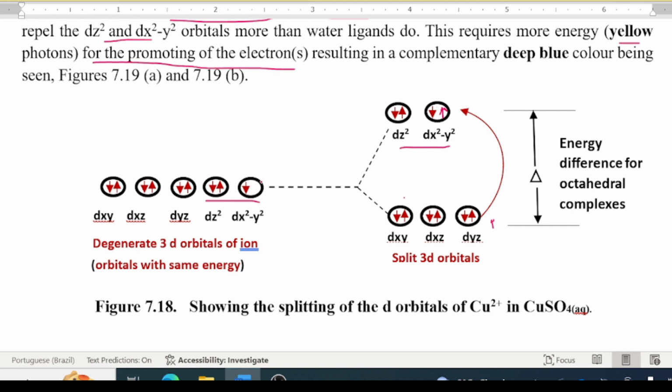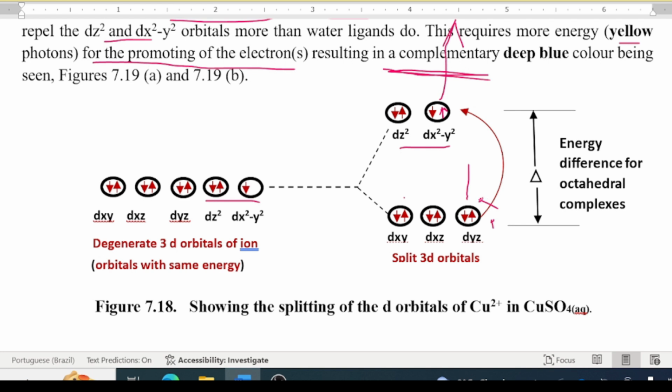If we add ammonia to the solution now, what happens, because ammonia is more influential in terms of pushing orbitals away, it will push these up a little bit farther up there, see? So these will go some higher up there. To put an electron from this orbital here into that half-filled orbital there, it requires more energy.